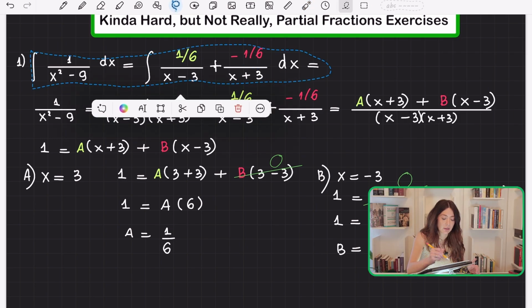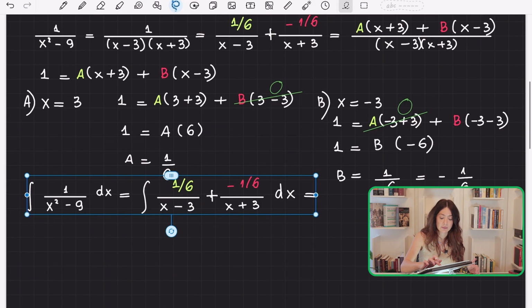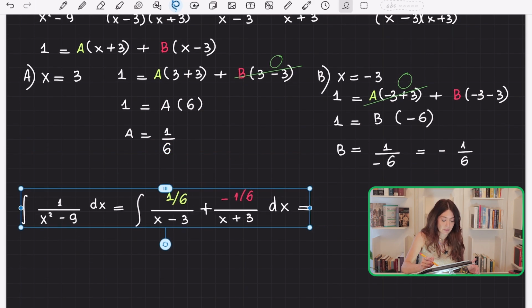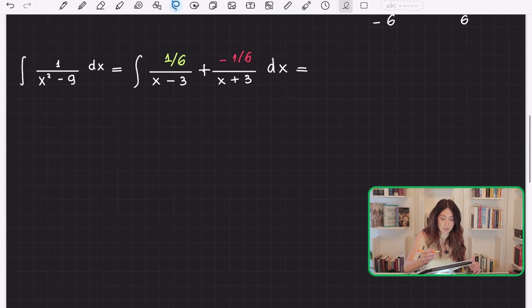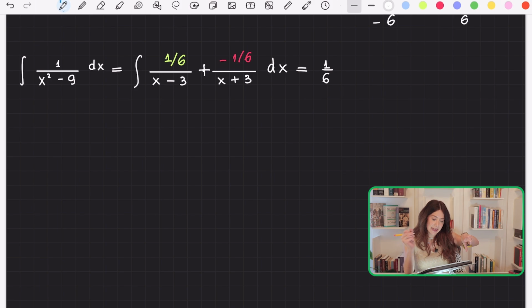Let me get this down here so we can solve this integral with a little more room. Okay, so 1 over 6, the first one, positive 1 over 6, comes out of the integral because it's constant. I'm left with 1 over x minus 3. Treat that as if it was 1 over x. Integral of 1 over x is ln, okay? Why can you treat that x minus 3 as if it was x?